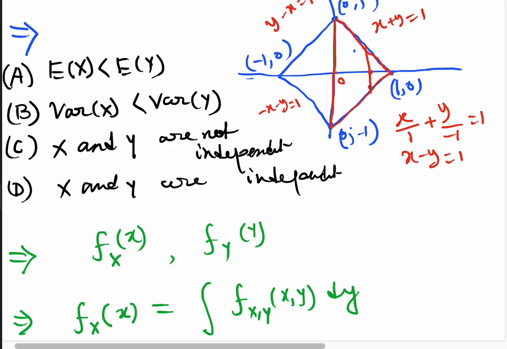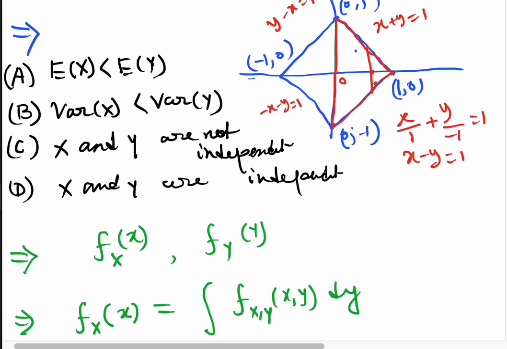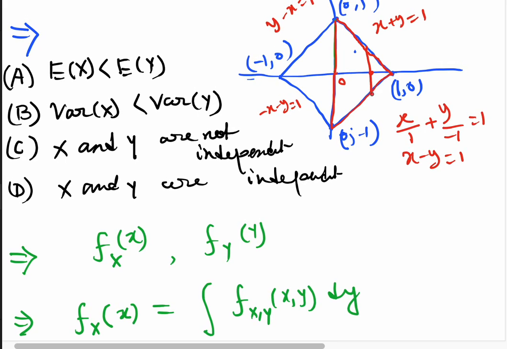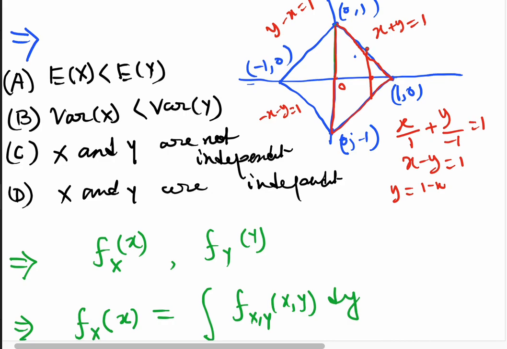Now you see from here to here, what is the value of y? At this point the value of y is 1 - x, and at this point, I think that is wrong. I think y is x - 1 here, and here y is 1 - x.